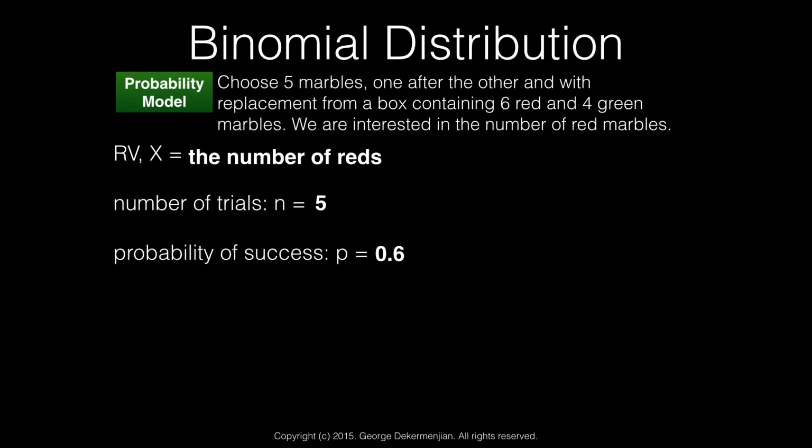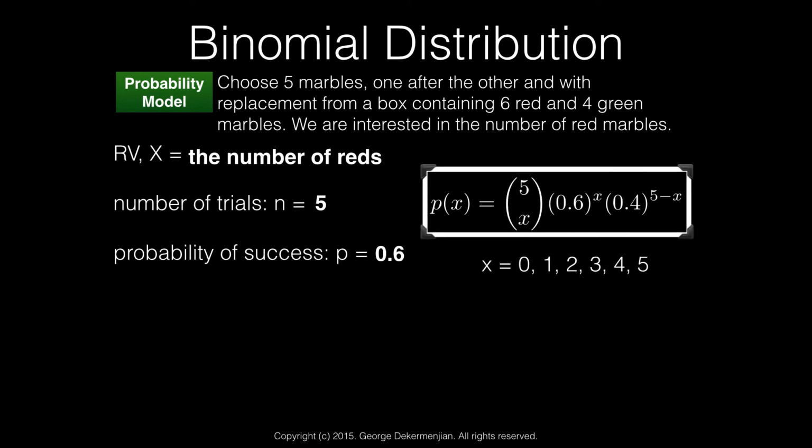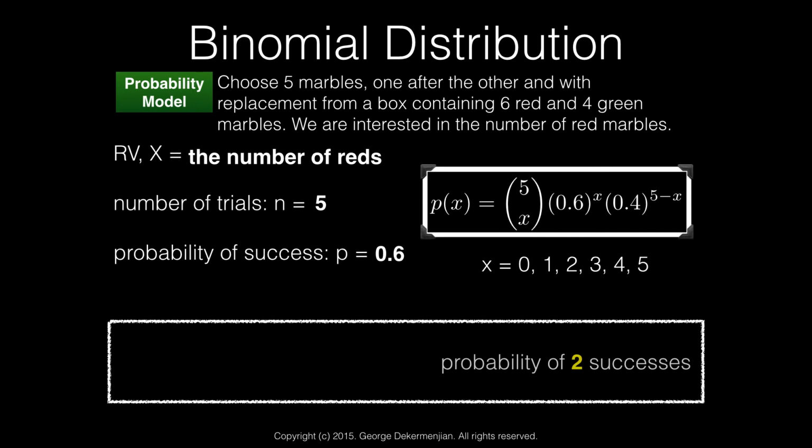Okay, so now if I write the probability model, I'm going to replace n with 5, p with 0.6, and q is 1 minus 0.6, so it's the probability of failure, which is 0.4. So I can use this formula to calculate, for example, the probability of exactly 2 successes. Then I would just replace little x with 2. And once I evaluate that, that'll give me the probability of 2 successes, which in this context means the probability of 2 reds.